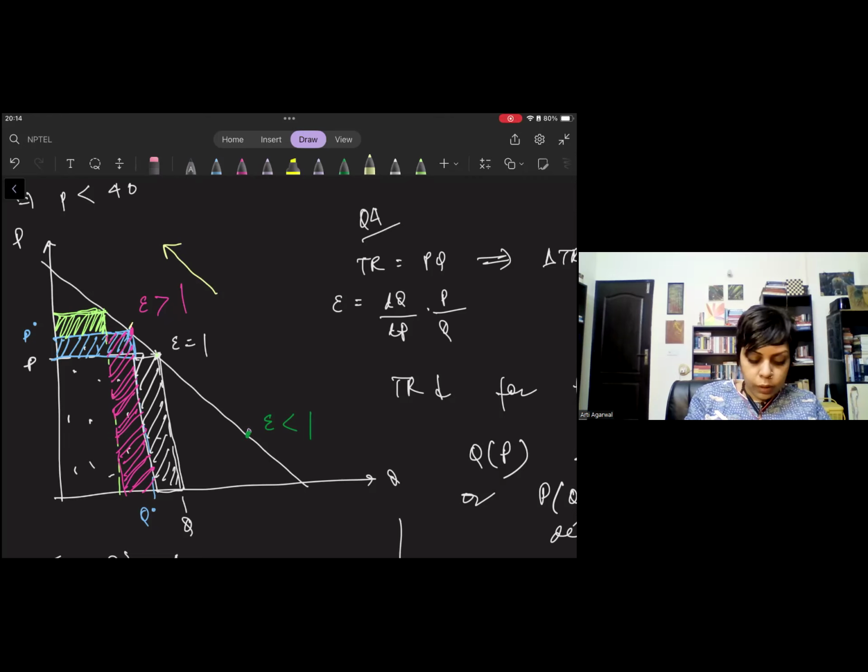So suppose you move to this point here where I made that blue box, your revenue is increasing by this blue box. This blue box is the increase in the revenue, and this whole part, this white box, is the decrease in revenue.